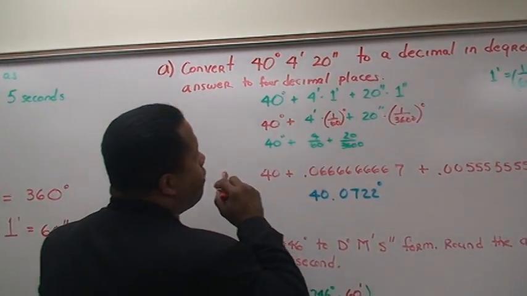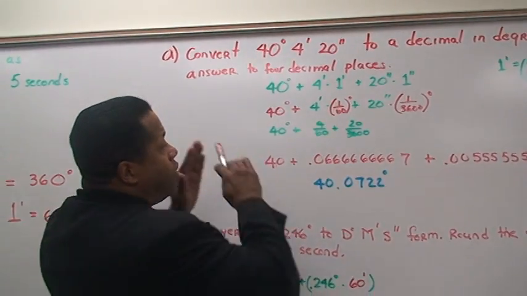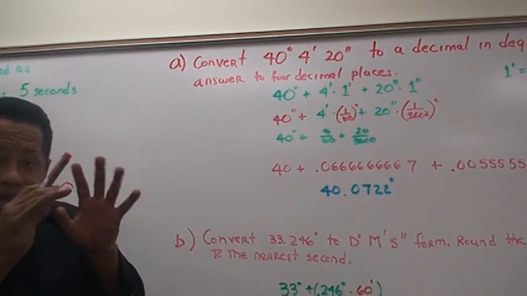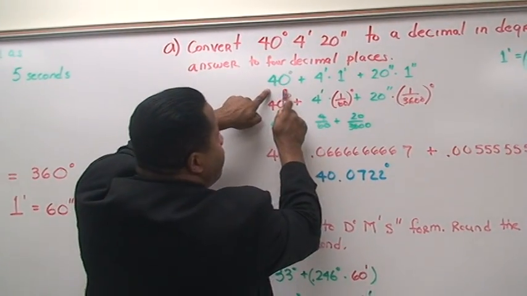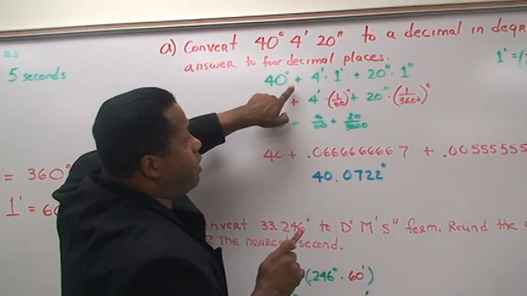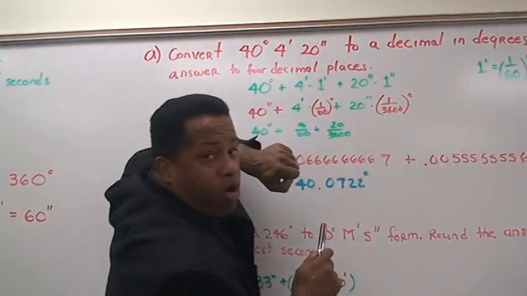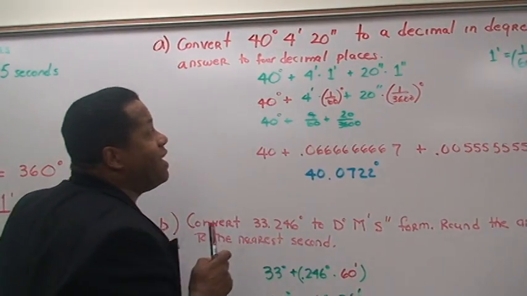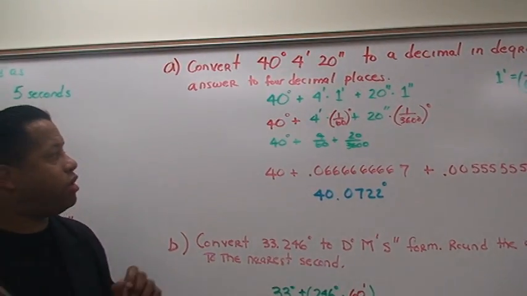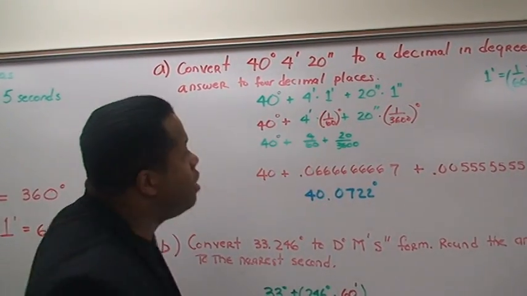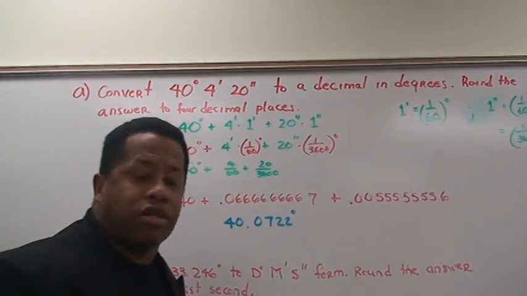Because we want to end up with a decimal in degrees, I say 40 degrees plus, breaking this up, 4 minutes times 1 minute. The reason I'm doing this is because we're going to convert this to degrees, because 1 minute is equal to 1 over 60 degrees.